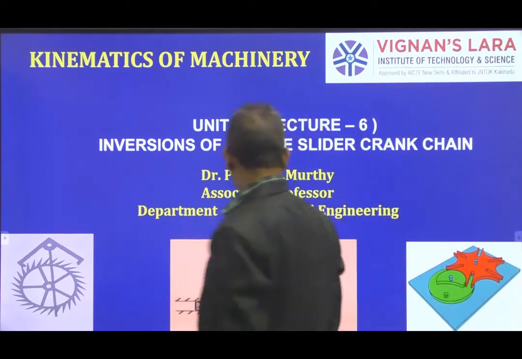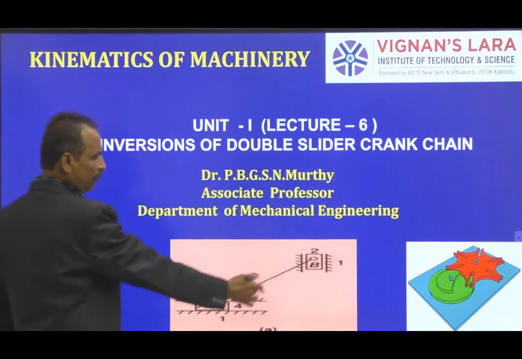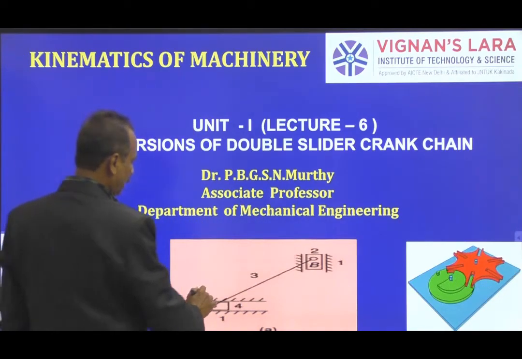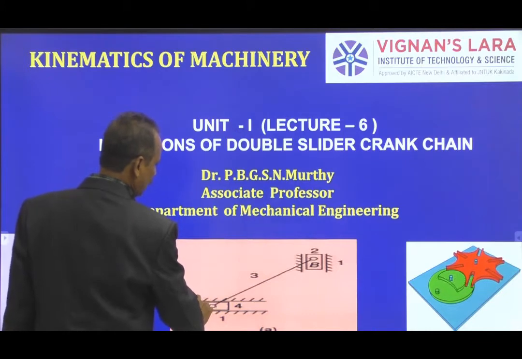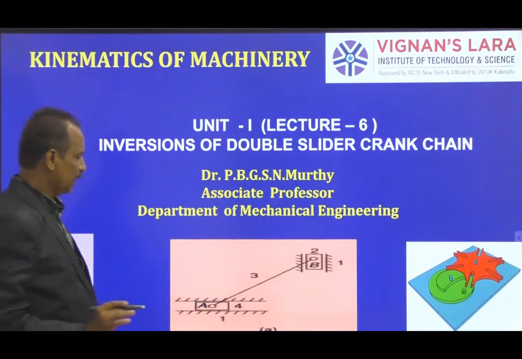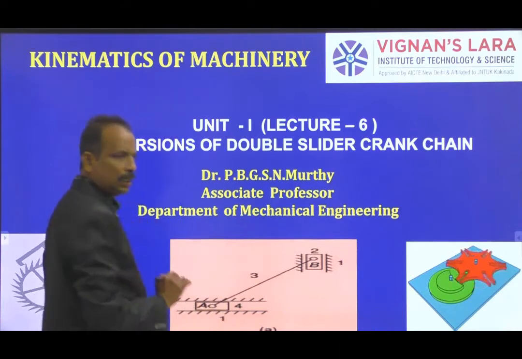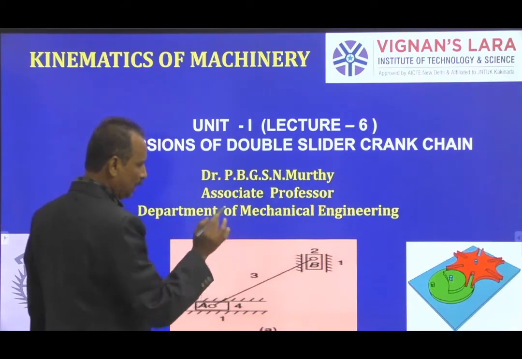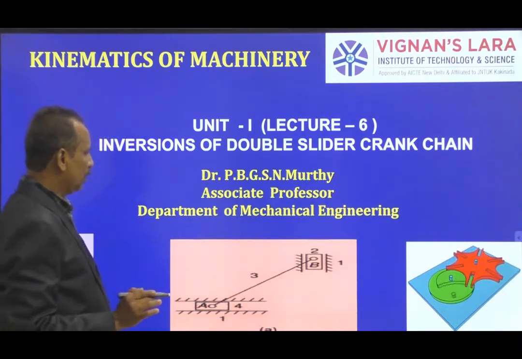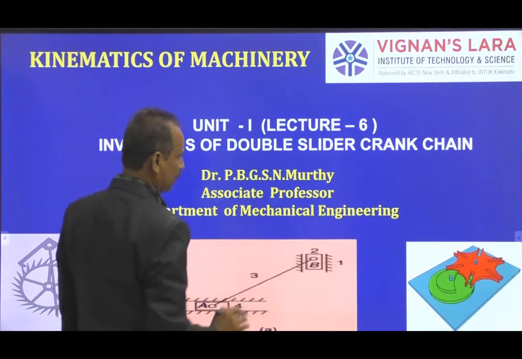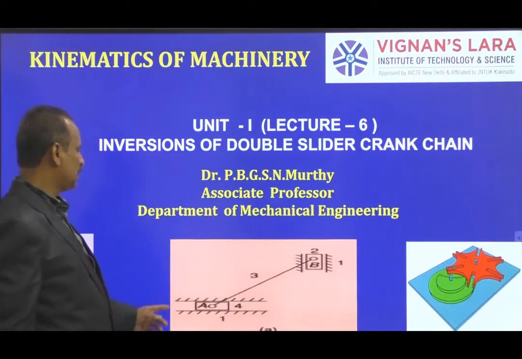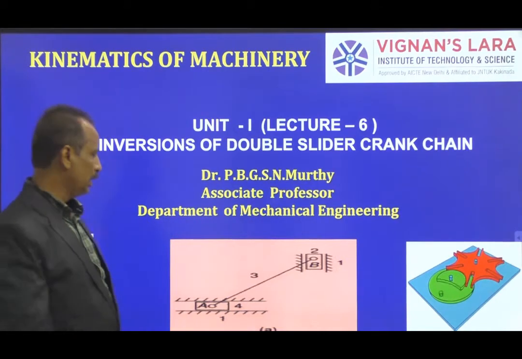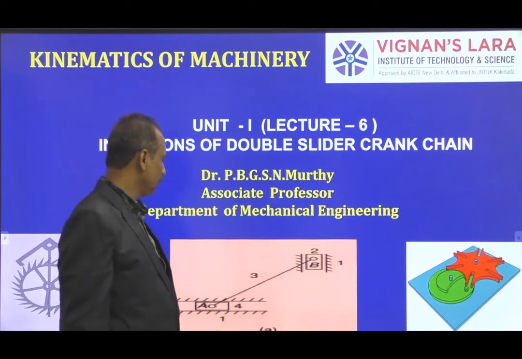Here is the diagram of a double slider crank chain, where I have taken 2 sliders named A and B. These 2 sliders are connected by a coupler which is link 3, and we have taken link 1 as fixed. By fixing either this slider or this slider, you get the same mechanism. That is one inversion.